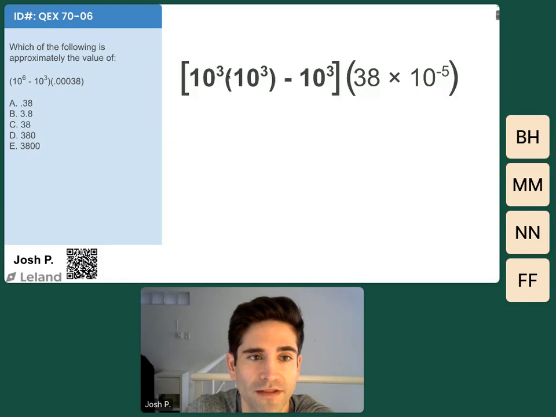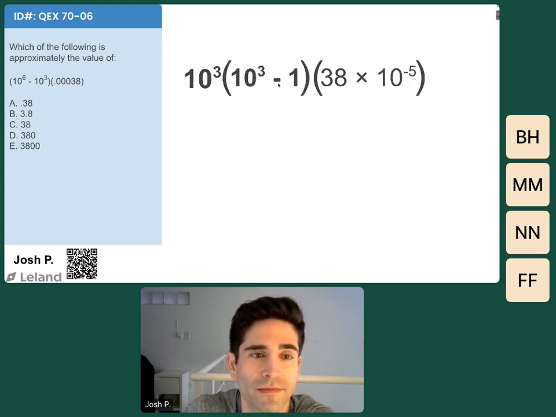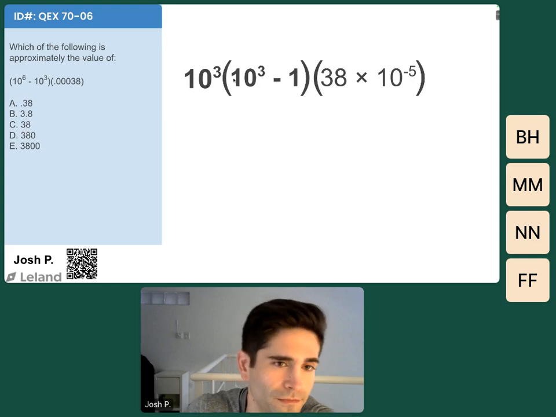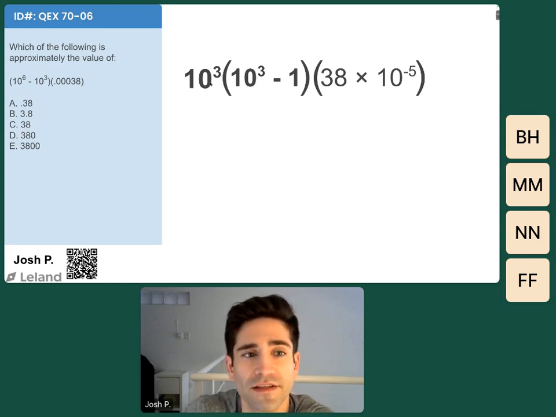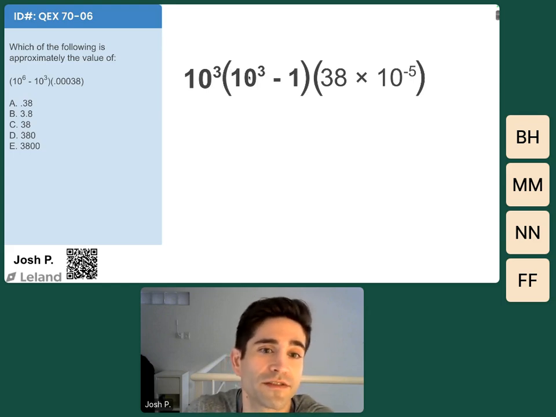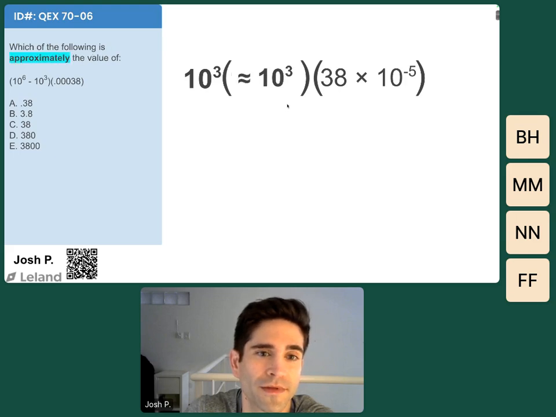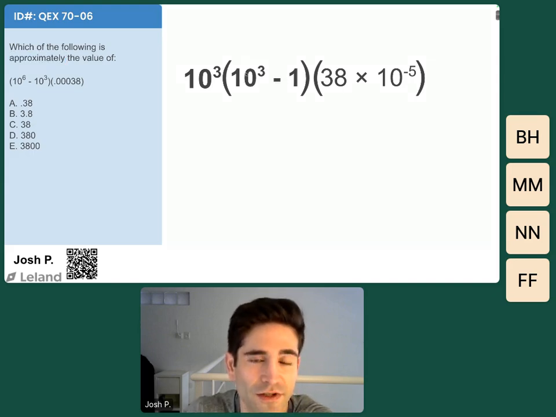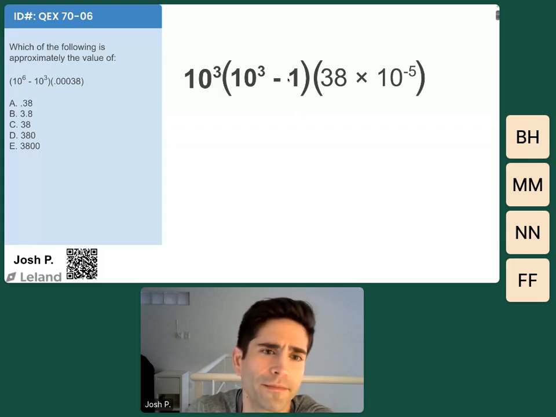That's another way of viewing 10 to the sixth. And we have minus 10 to the third, of course. We can factor out the common term, 10 to the third. And what we have is 10 to the third times (10 to the third minus 1), which is approximately 10 to the third. Essentially, 10 to the third is 1,000 minus 1, 999.